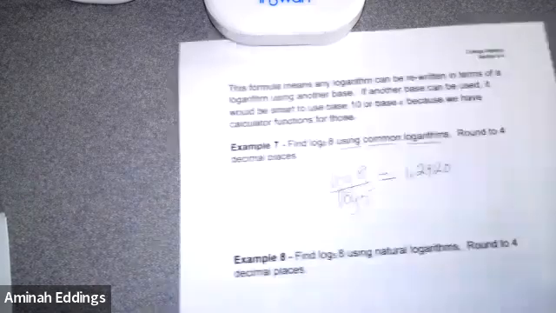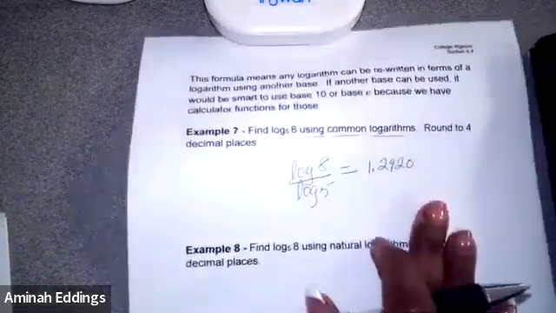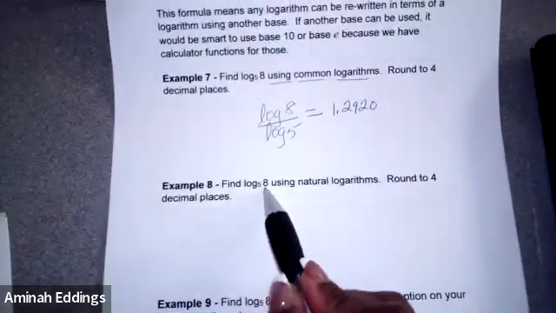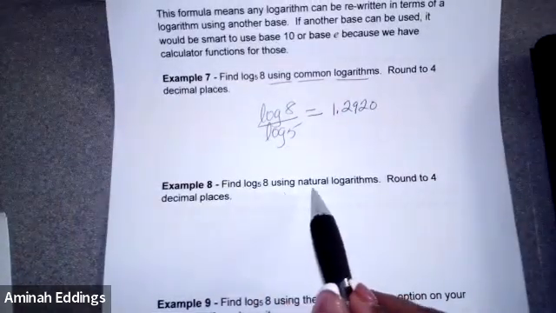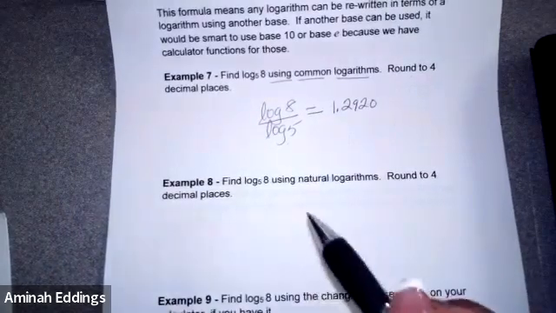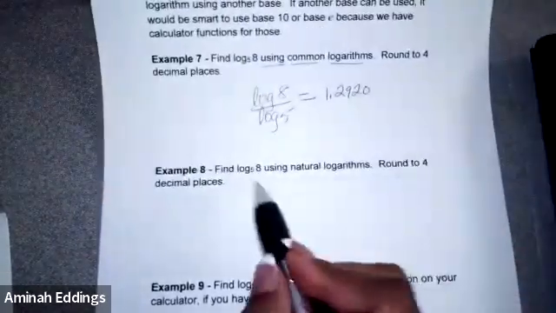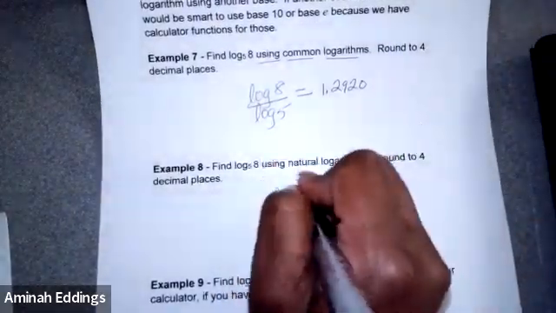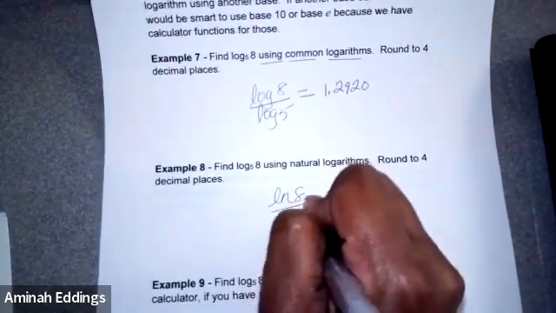All right, let's take this same problem on number 8, and let's find our answer using natural logs. So going to do the exact same thing. So we would have the natural log, so ln 8 over ln 5.